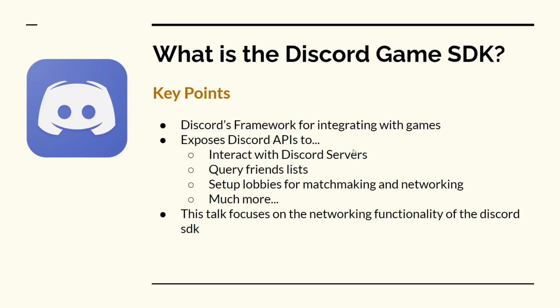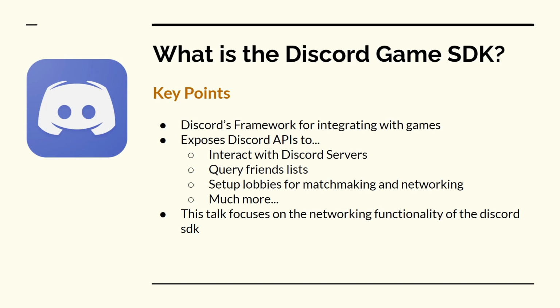So what is the Discord Game SDK? Basically, the Discord Game SDK is a library that Discord distributes for you to interact with their APIs. And their APIs offer a lot of functionality. Basically, anything you would be doing in a Discord client is available for your game to make calls into.